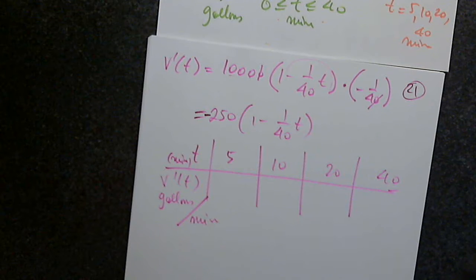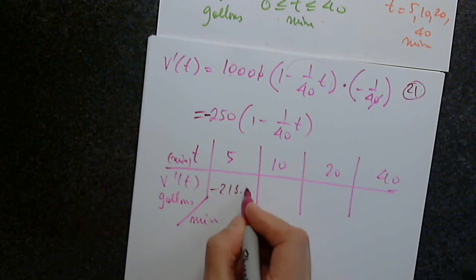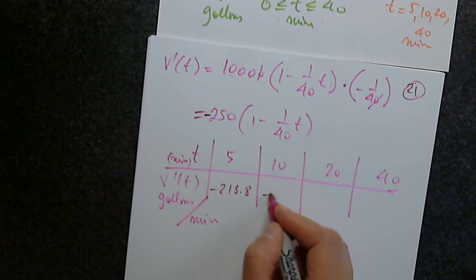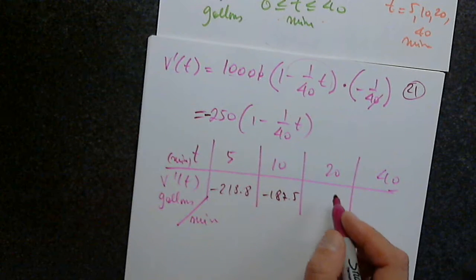Okay, second table. And we have 5, 10, 20, and 40. For the same reason why we know it's negative, because it's not filling up. It's just emptying out, so it's negative. So the first one is negative 218.8. The next one, negative 187.5.